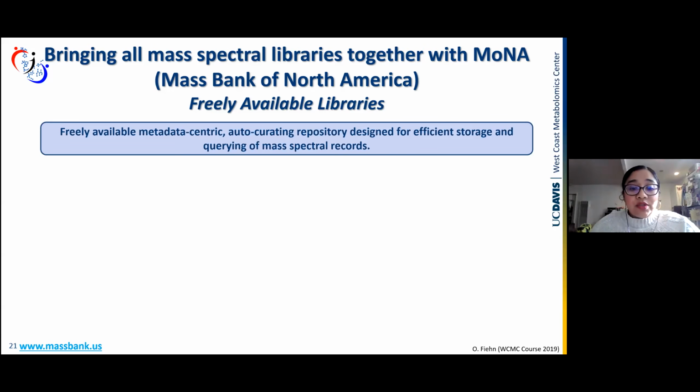What we're trying to do is bring all mass spectral libraries together in a way that's well thought out. It's supported by a lot of metadata. There's a lot of auto curation that happens before it's even made public, so there are a lot of steps that go into making this publicly available.